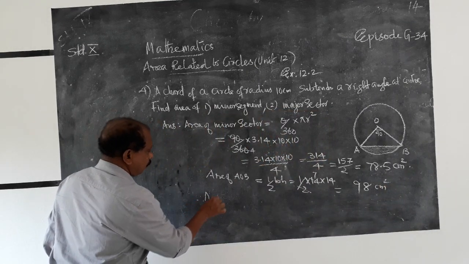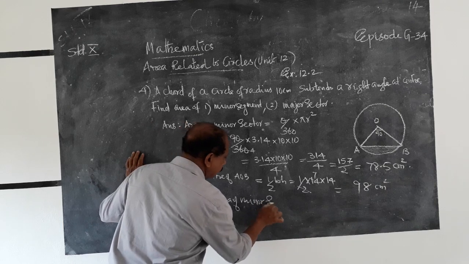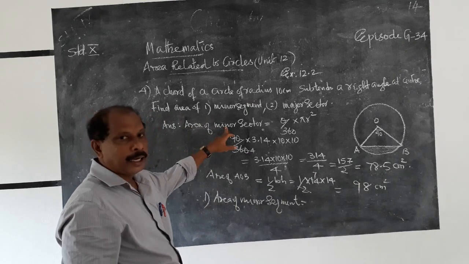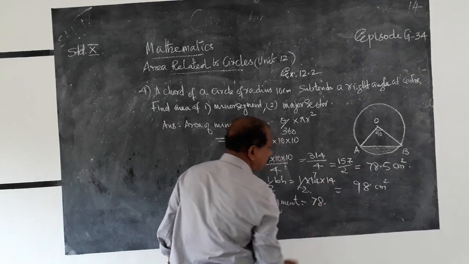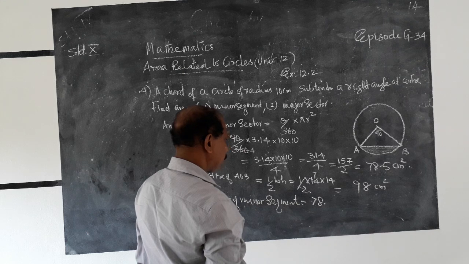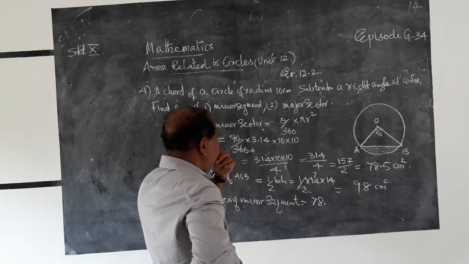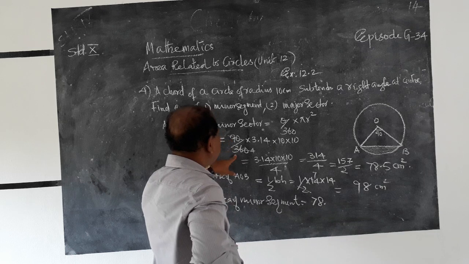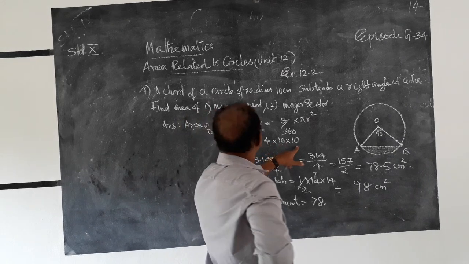Therefore, area of minor segment is equal to area of minor sector, 78 point, 360, that is 1 by 4, 3.14 into 10 into 10, R is 10.